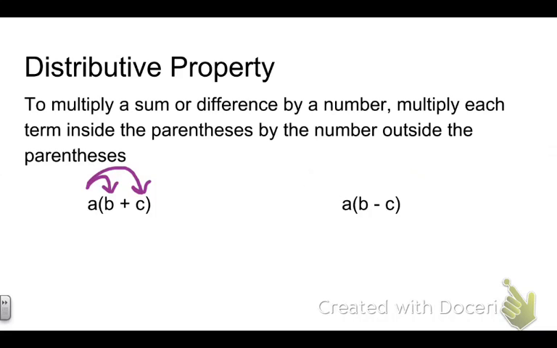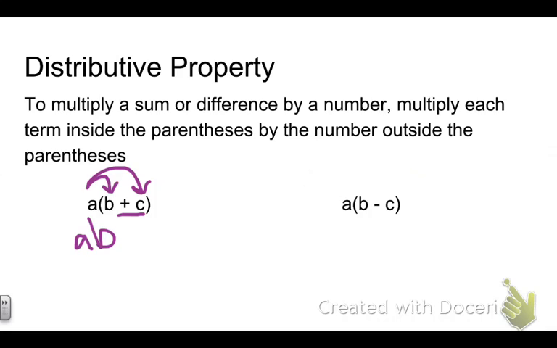Because look at what it's saying. It's saying a times whatever b plus c is. So this is just a different way to solve it, and we get the same exact answer as if we were to add it first and then multiply. I'm going to show you some examples with actual numbers later, but a times b is simply going to be a times b, or ab, and then you've got a times not just c, but I want you to look at it, we've talked about this, positive c.